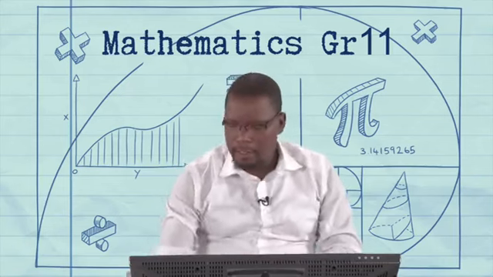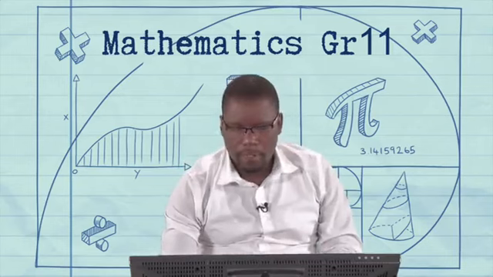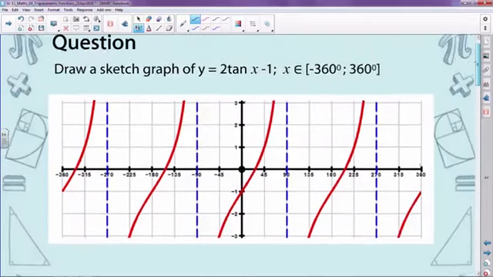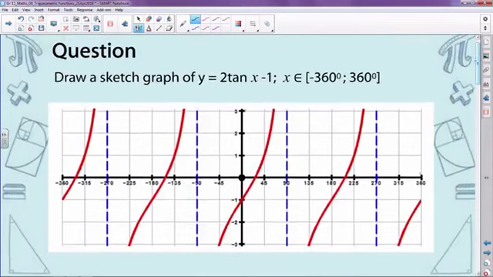All right, guys, let's check if you've done the correct one. Let's look at our tan graph. Remember, we said your y equals positive tan x graph passes through the origin, right? And then it's asymptotic at 90 degrees and your 270. And then it's 45 and 1.